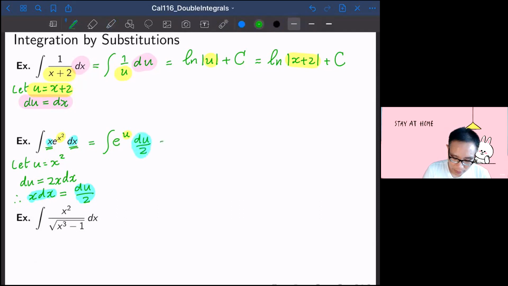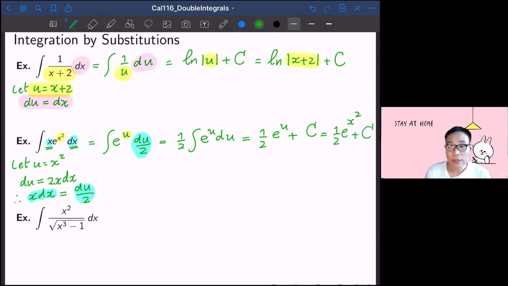And you see that this will be 1/2 integral of e to the u du, which is 1/2 e to the u plus c, and your final answer will be 1/2 e to the x squared plus c. So this is how we integrated in calculus 1 before, and this is the thing that you will need to compute the double integral that we're going to study next.